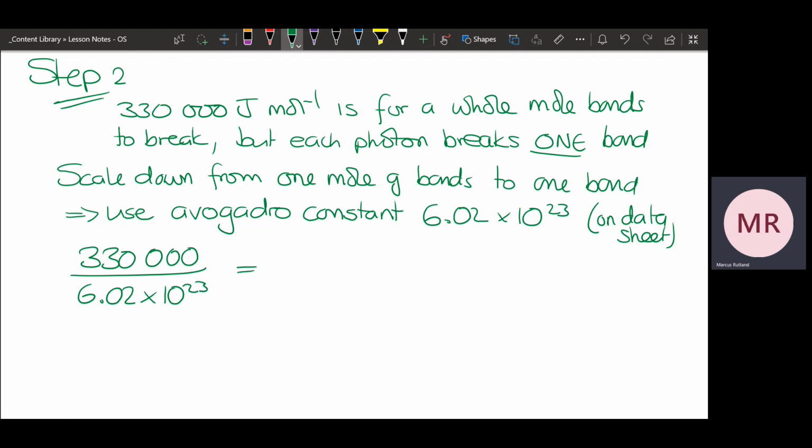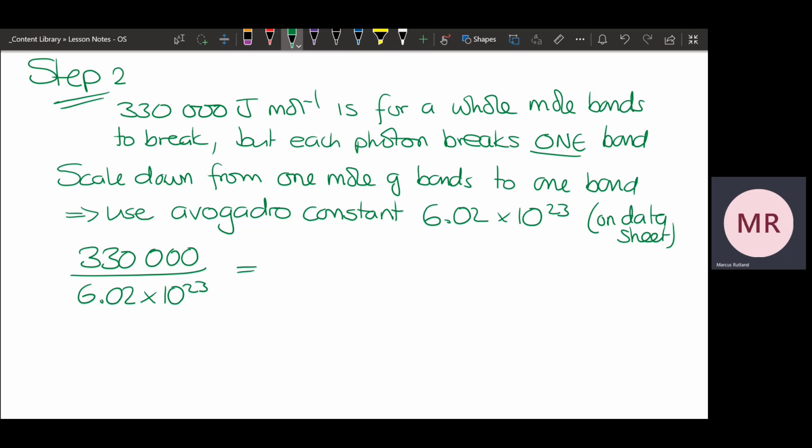It looks fancy, but it's actually just everyday, almost primary school maths. If 5 sweets cost 40p, how much does 1 sweet cost? They all cost 40p together. There's 5 of them, you divide by 5. So here, all the bonds together take 330,000 joules to break. So how much does 1 bond take to break?